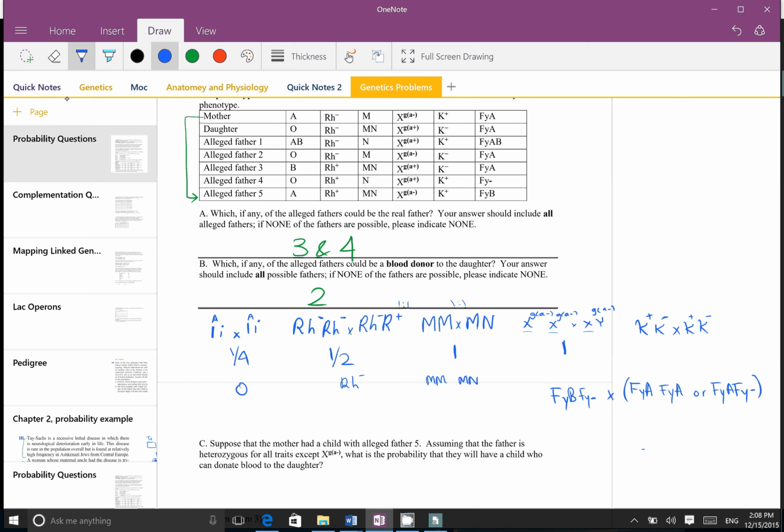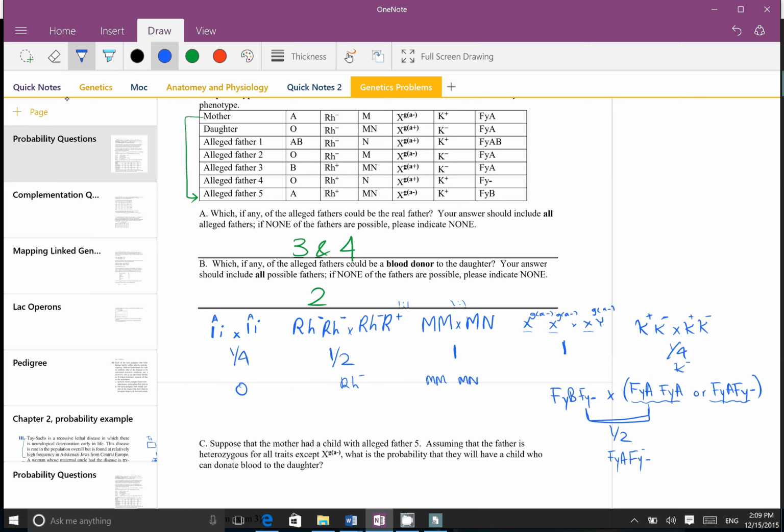And then to take care of this one, here we want P negative trait, so we have het times het, so the probability is 1/4. And then we have this genotype for the mom, or this one. So when these two are crossed, the probability is 1/2. We'll have this phenotype.